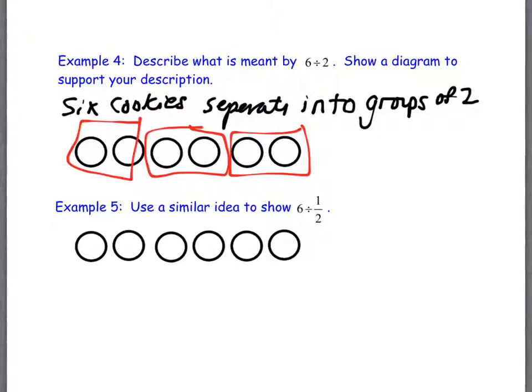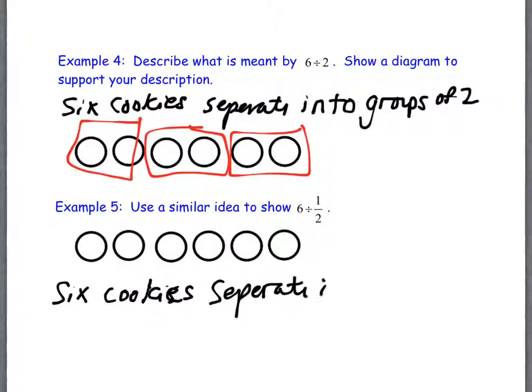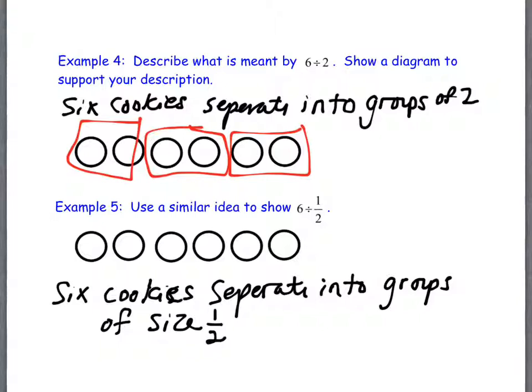But here on this one, let me write down that language. This again is your 6 cookies, and you separate into groups of, and I'm going to put the word size in here just because it helps give us some of that context that we like, groups of size 1/2.